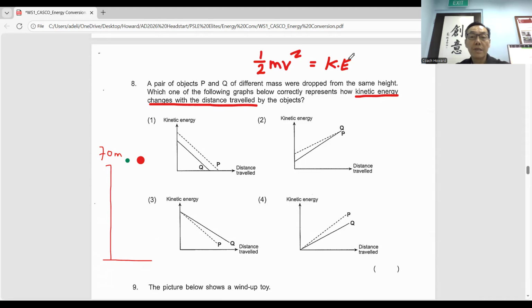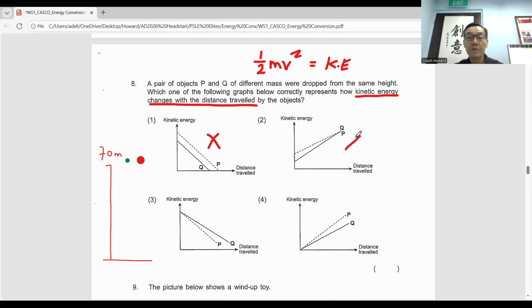So from here, you understand that they are of different masses, dropped from the same height. So the bigger mass will achieve a greater kinetic energy. So you see which graph, because kinetic energy from here is zero, just like the parachutist. So you start from zero. So cannot be this, because this one is not from zero.